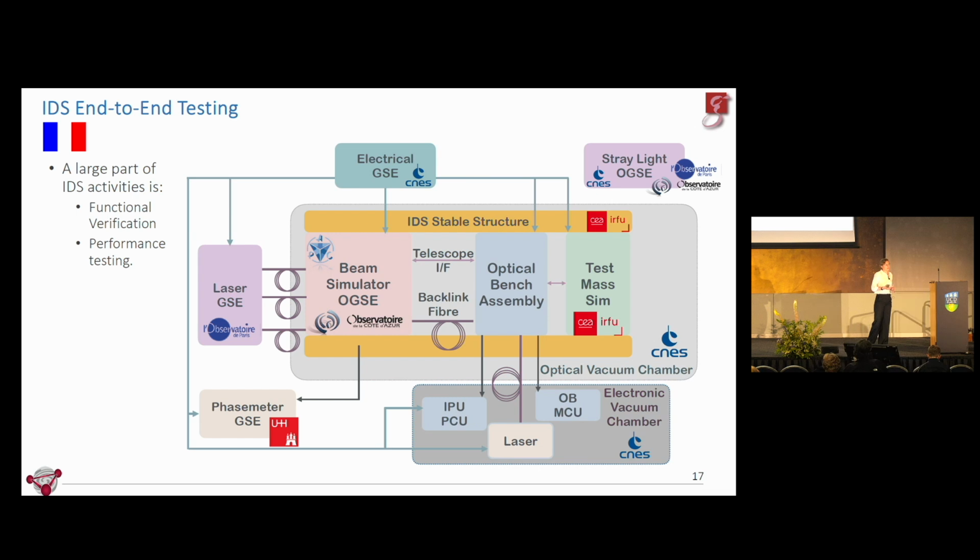It has to provide all of the functionality and performance of the phase meter that we're building for LISA. This is true. However, it doesn't have to be made out of all of the same flight components and all of the same procedures. It can be a little bit cheaper and simpler, or bigger. It doesn't have to be the same form factor.